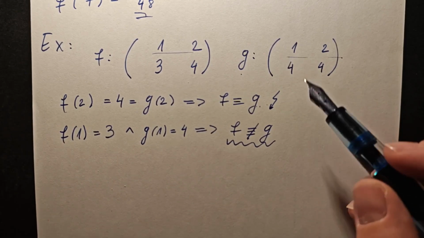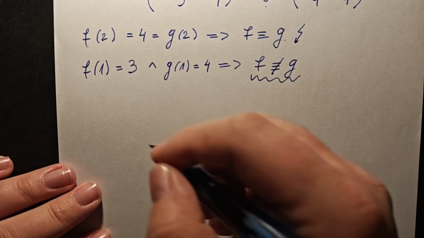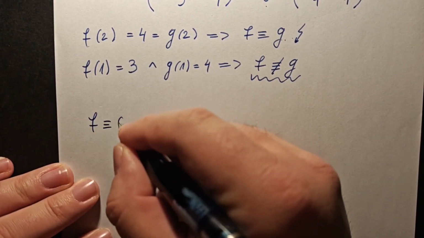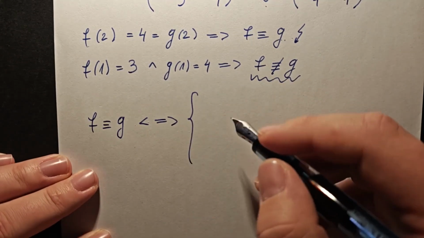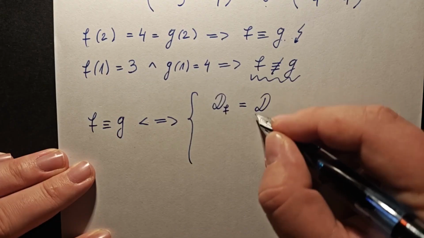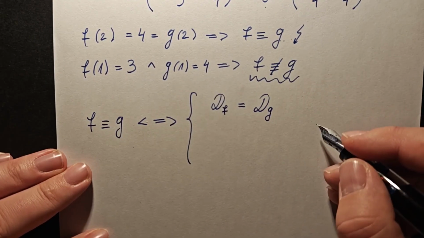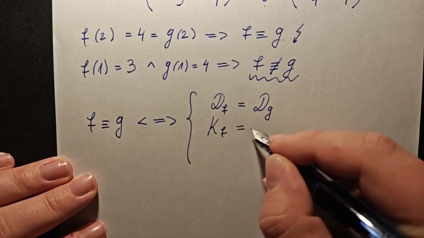But in the previous case, when we had functions which had infinitely many numbers in the domain, that approach is impossible. So in order for two functions to be the same, functions f and g are the same if and only if they have the same domain. The domain of function f is the same as the domain of function g. Their codomains have to be the same.